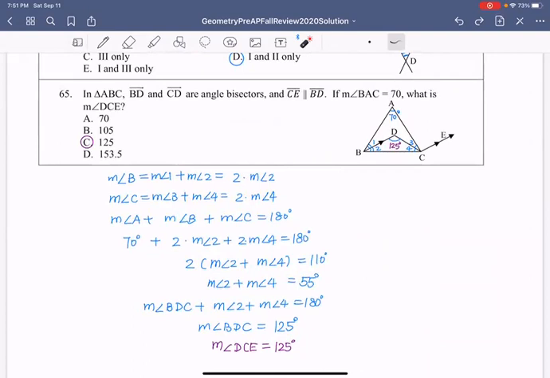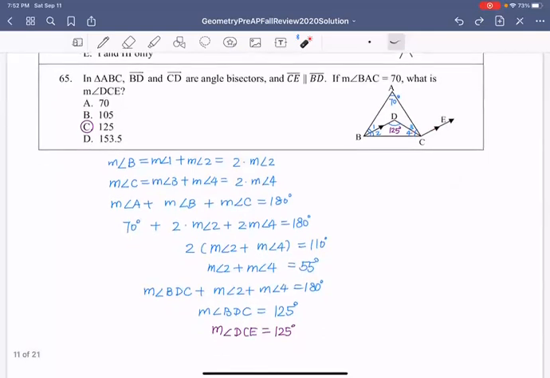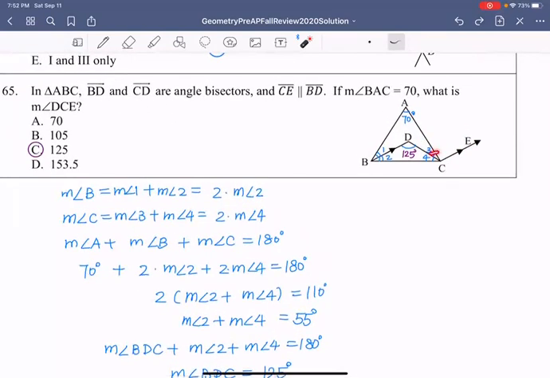BD splits these two equal. CD splits these two equal, right? CE is parallel to BD, okay? And they ask you how much is here. Wow, this question sounds not friendly. How much is here? I don't know at the beginning.